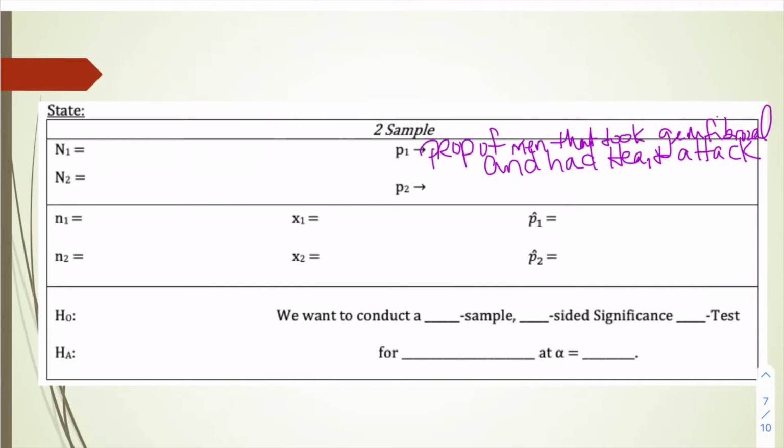And P sub 2 is going to be the proportion of men without gemfibrozil that had a heart attack.